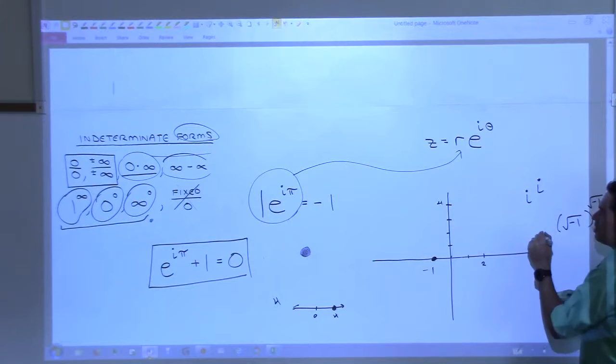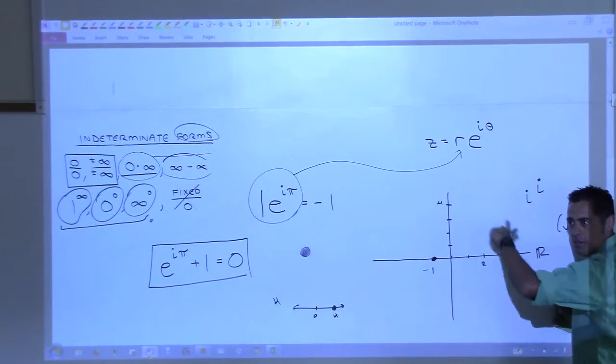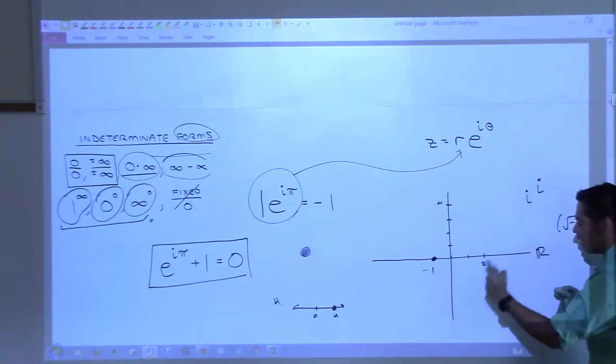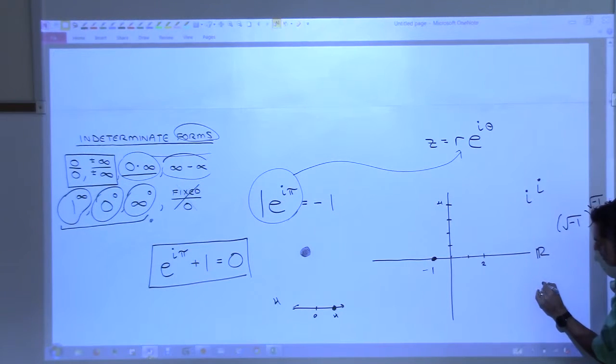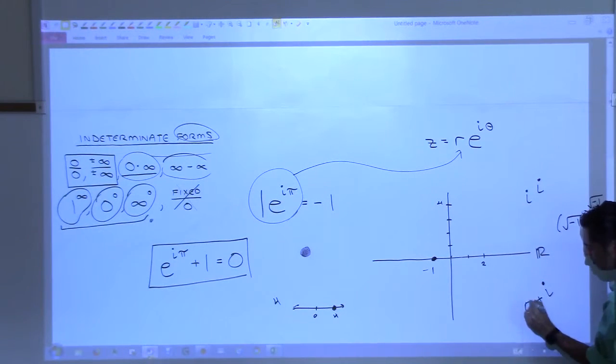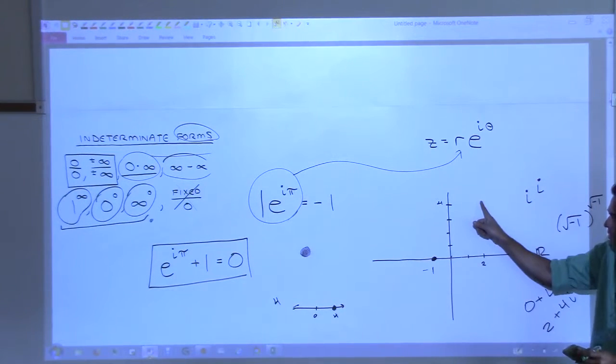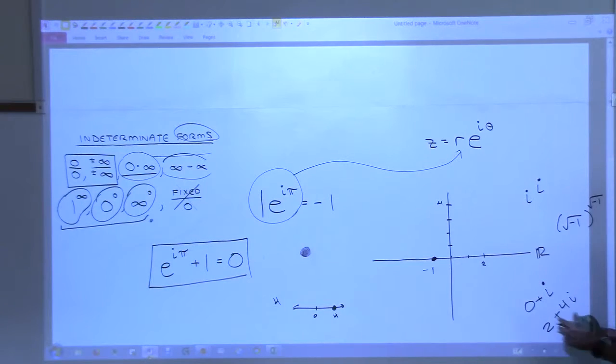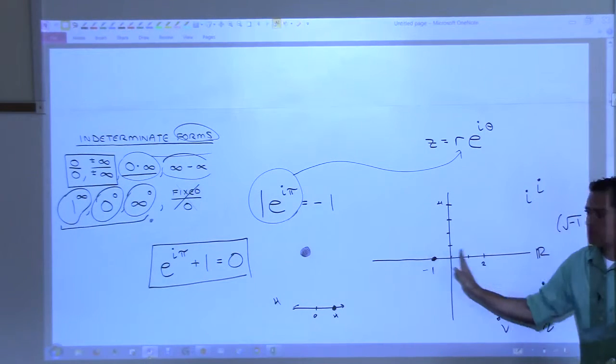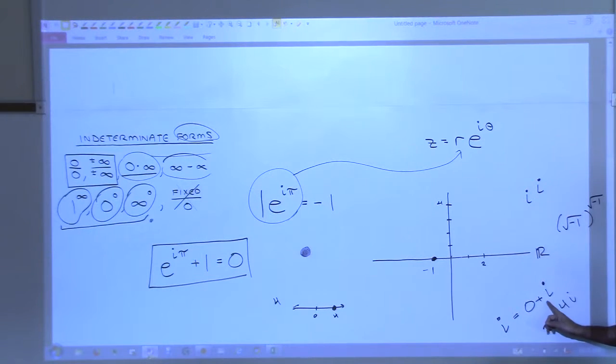You have to first understand where i is on this, okay? So where is i? I can really write that as 0 plus i. Just bear with me here. Remember I had 2 plus 4i a second ago and we went out 2 and up 4? If I write just i, then that means I'm not going to move left or right. I'm just going to go up by 1. Does that make sense?